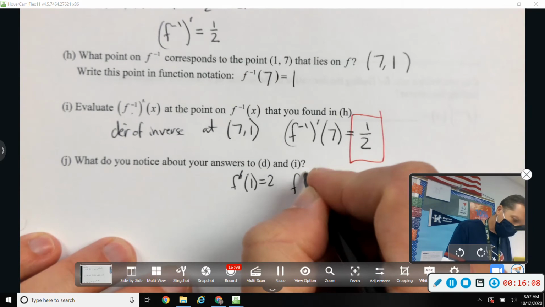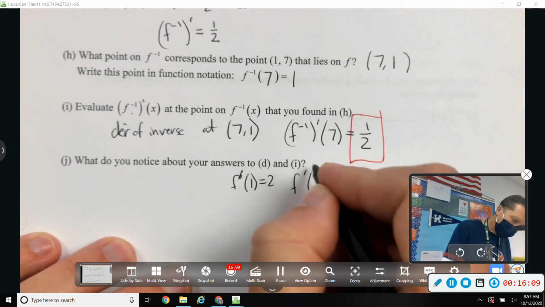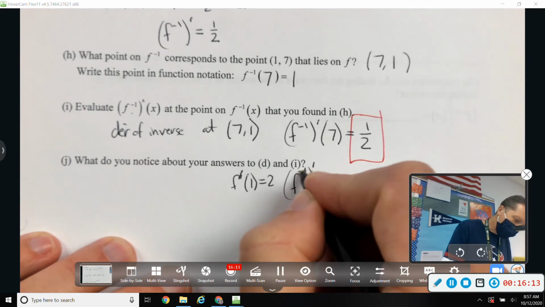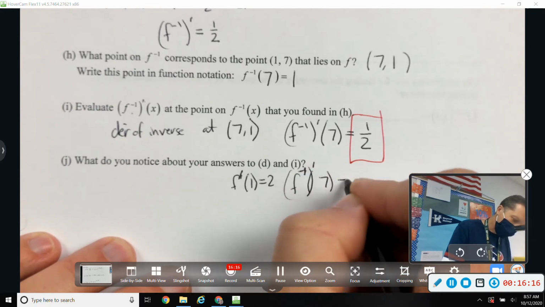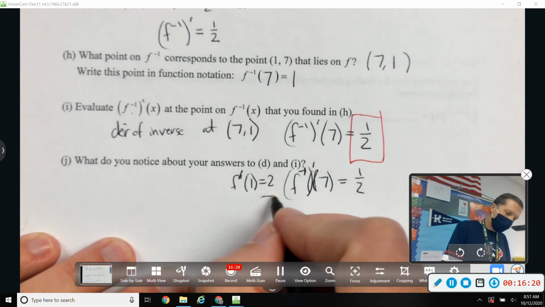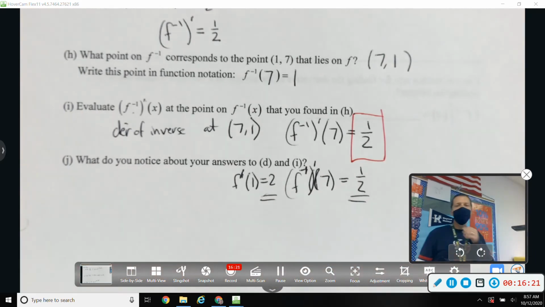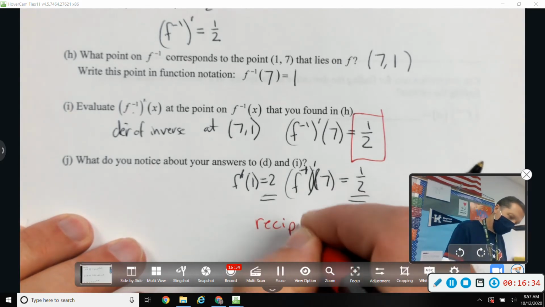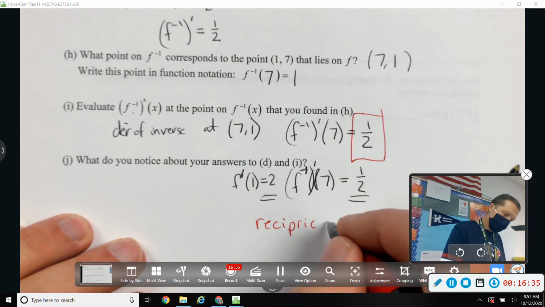I was the derivative of the inverse at 7, which was 1/2. So what do you notice about 2 and 1/2? They're reciprocals.